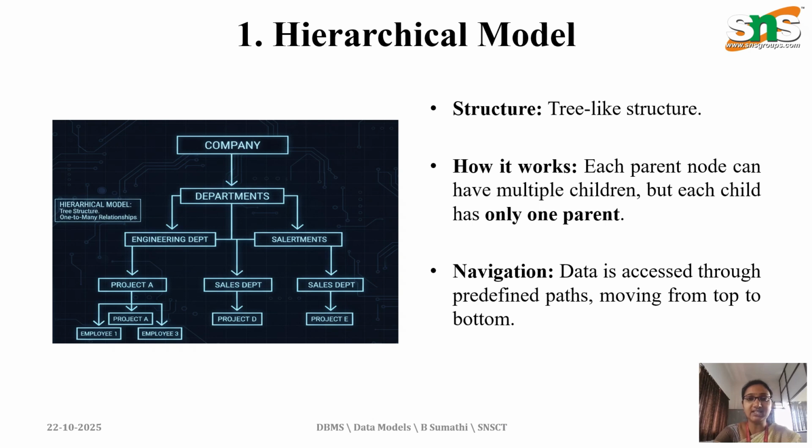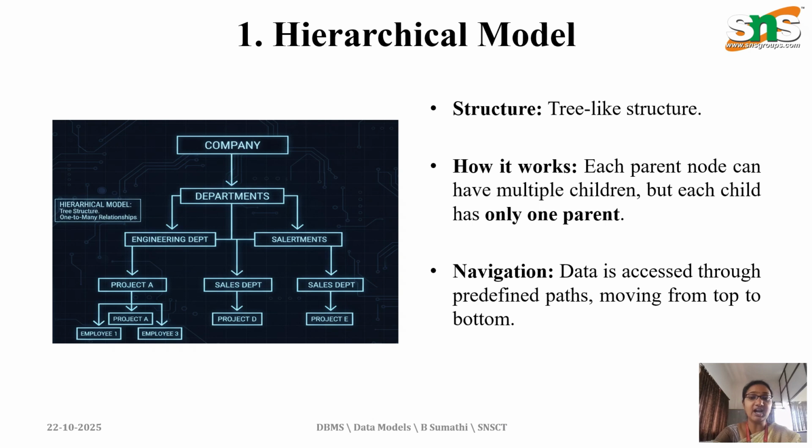First we'll see the hierarchical model. By the name hierarchical itself, we can understand it's step by step. In the diagram, we can see there is a company organization. Inside that there are departments, multiple departments like engineering department, sales department and HR department. The engineering department has the projects they are going to do.